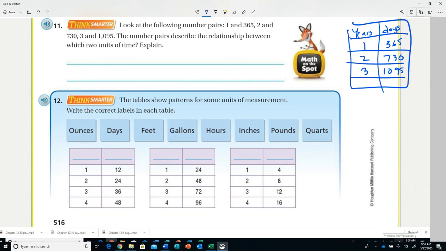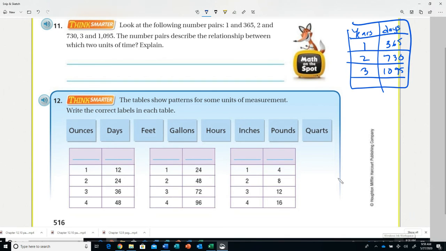So what's the relationship here? Well, they're talking about number of days in a year, but I guess the mathematical relationship is that 1 year is 365 times greater than 1 day, because it takes 365 days to equal 1 year. Explain it in your words. But hopefully you saw the relationship here between days and a year.